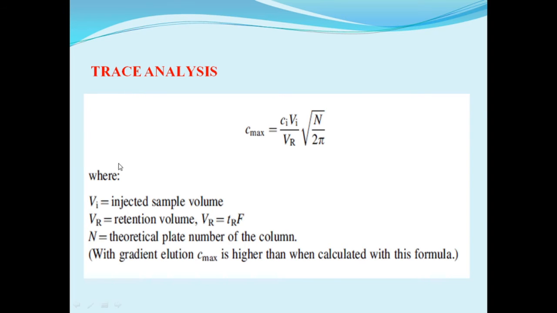The concentration of the peak maximum, C max, is equal to the injection solution concentration Ci times the injected sample volume Vi, divided by the retention volume Vr, times the root of the theoretical plate number of the column n upon 2 pi.